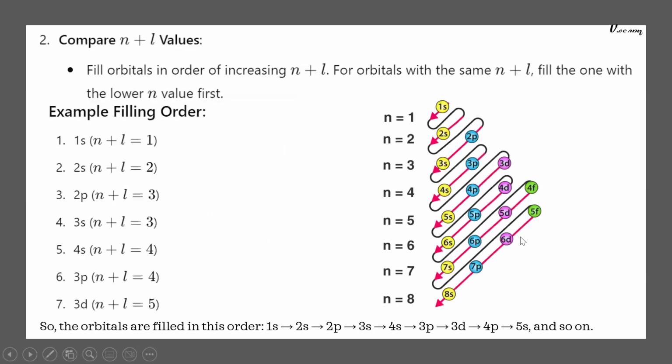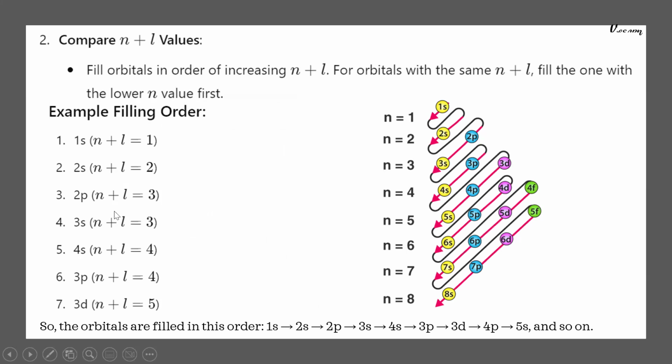Like this we have to calculate and compare the values. The greater the value, the higher the energy level. In this manner, 1s is equal to 1, so it is the lowest, and then 2s, which is 2, and then the electrons will move on to the 2s orbital. Like 2p is 3.